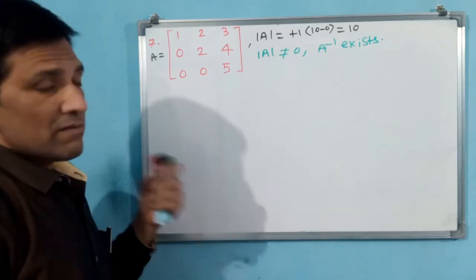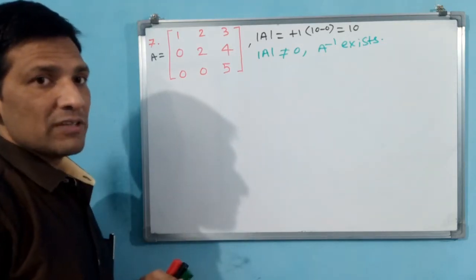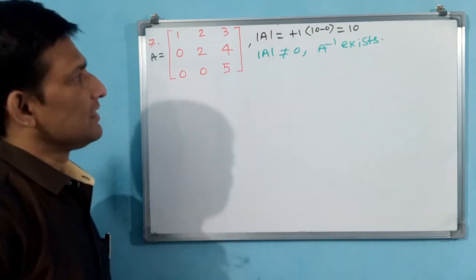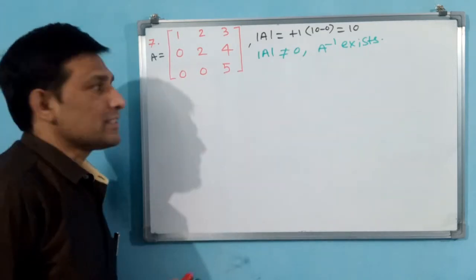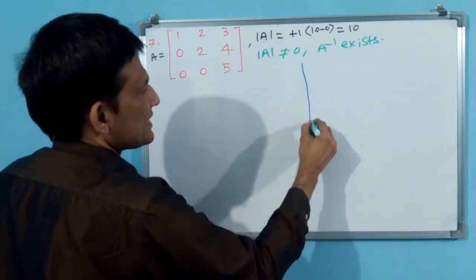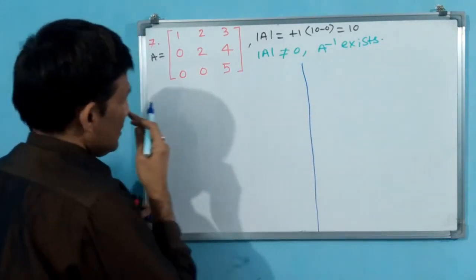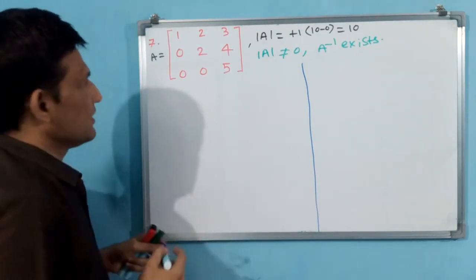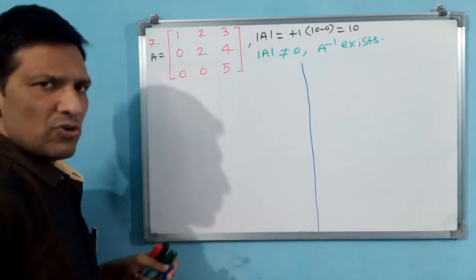If A inverse exists, what is your next procedure? You have to find minors, cofactors, adjoint. Then only you can find A inverse. Now I am putting this one line here. We go on to find first the minors, M11, M12 and all. See, several are going to come zeros.